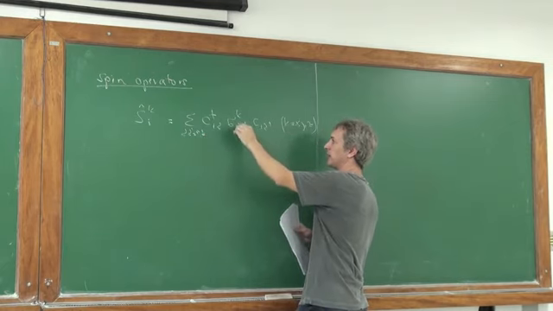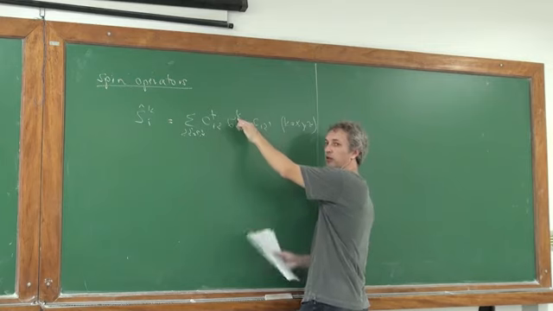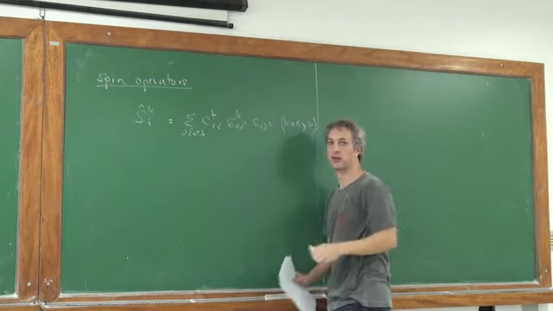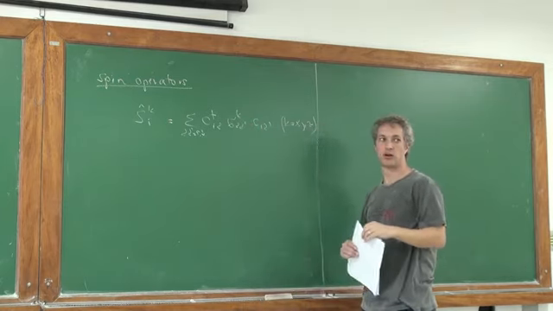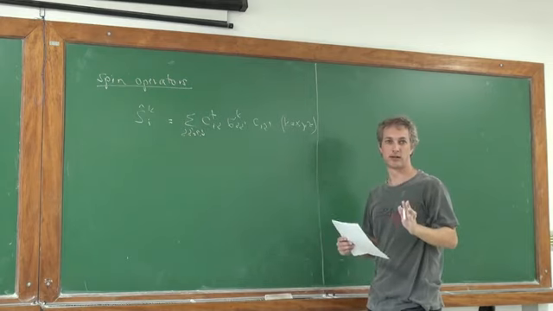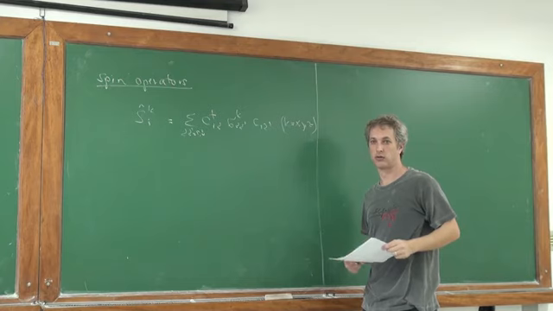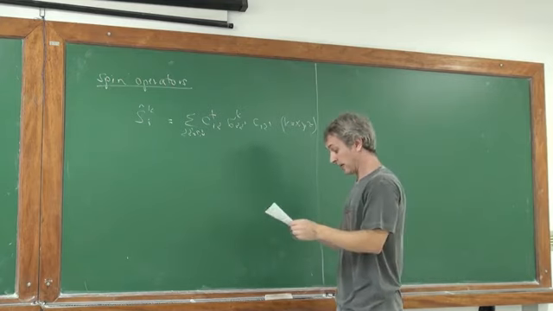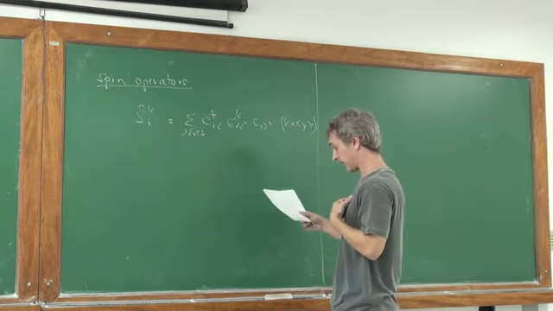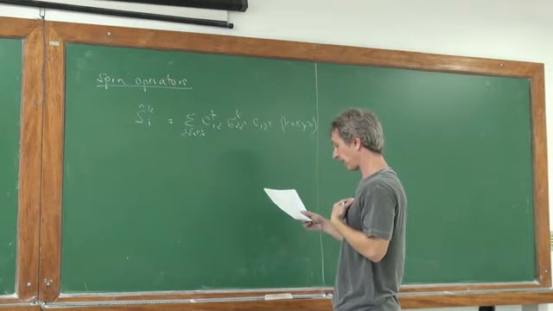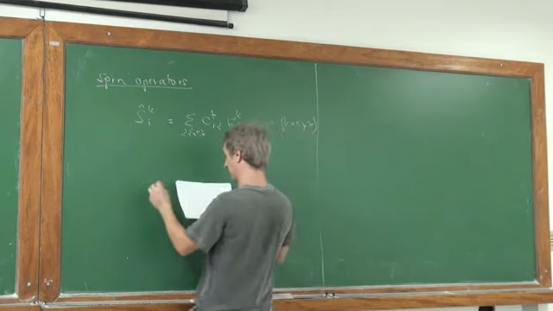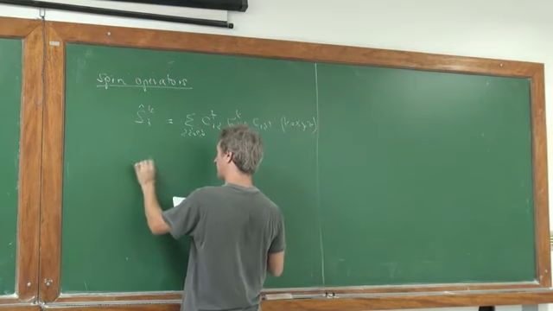And here's the sigma, sigma prime matrix element of the k-th Pauli matrix. Okay, so this is let's say the k component in real space.